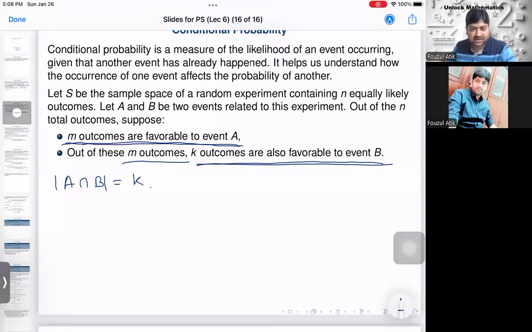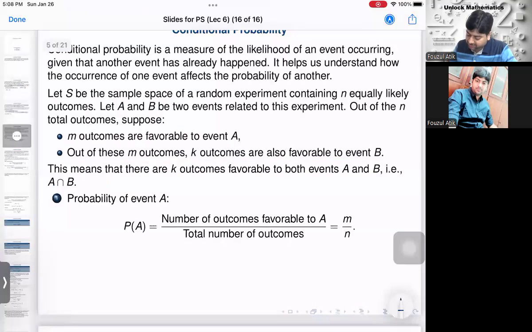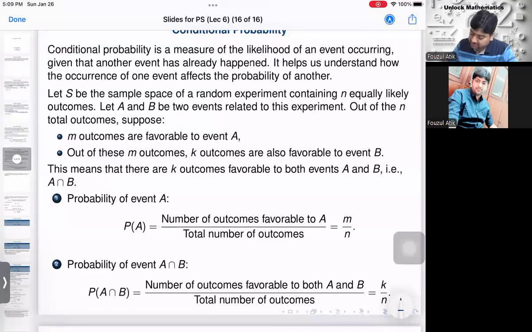After that it is easy to understand. The probability of A is the number of outcomes favorable to A divided by the total number of outcomes, which we have already discussed is m by n. For the probability of A intersection B, A intersection B has k elements because the outcomes of B are also outcomes of A. So the probability of A intersection B is the number of outcomes favorable to both A and B divided by the total number of outcomes, which is k by n.